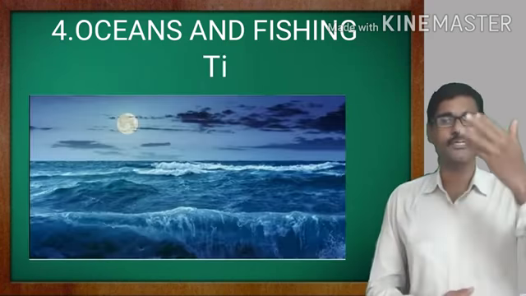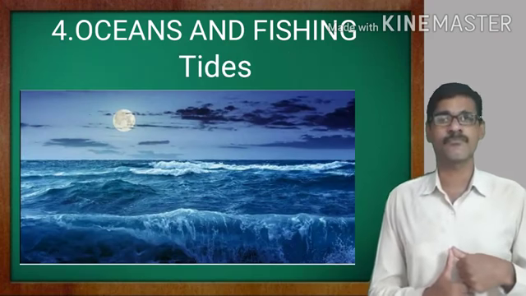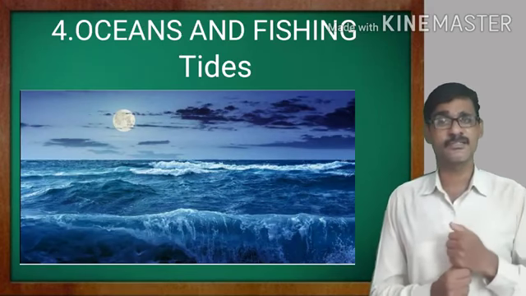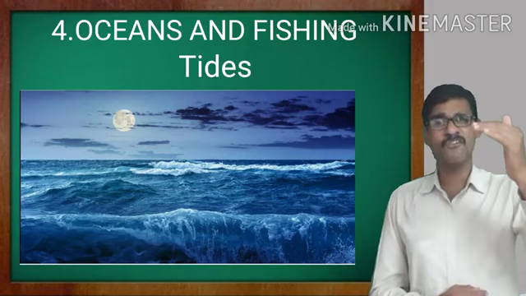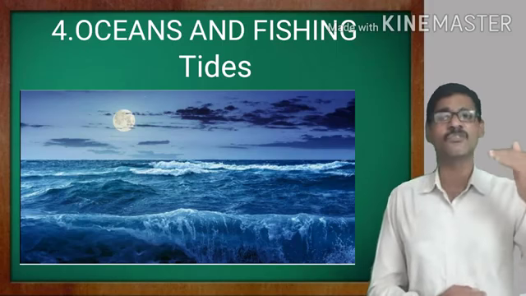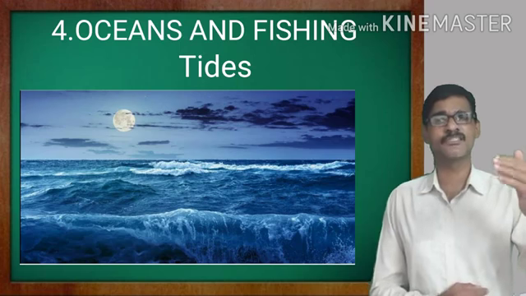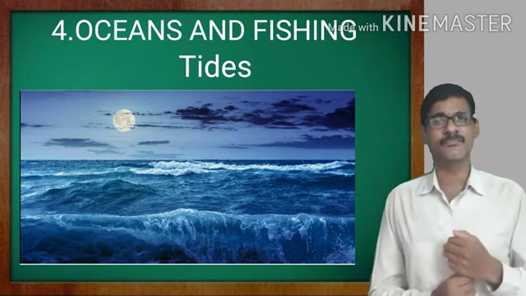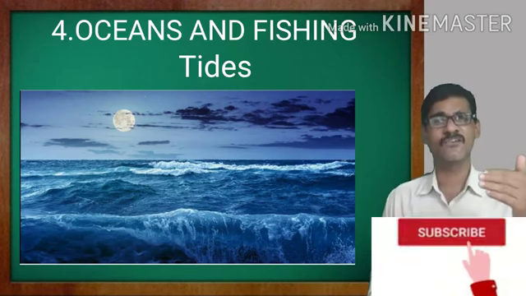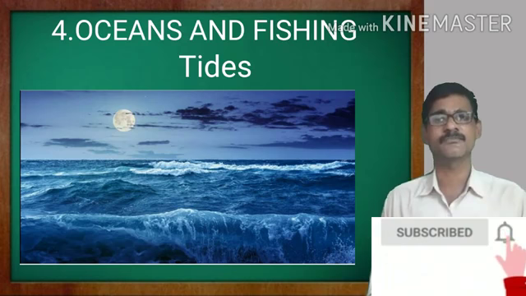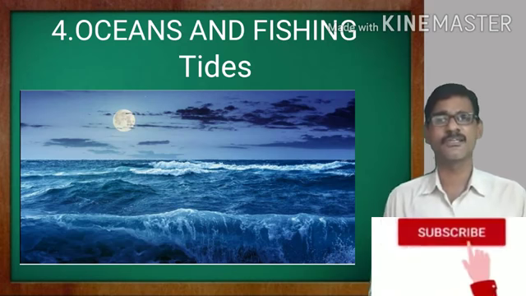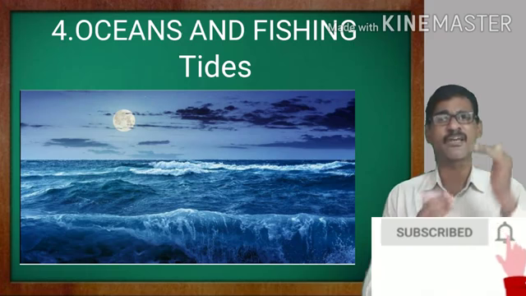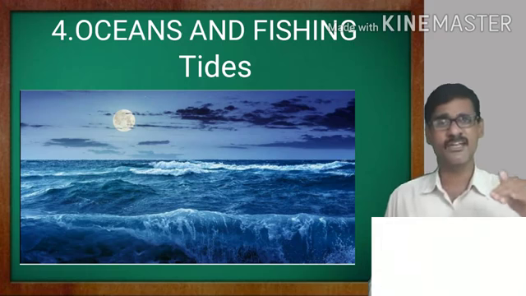Next we go to the tides. What are the tides? The rise and fall of the water level of oceans is called tide. Every day there is a rise and fall of the water level of the ocean. Of course, it is not the same rise and fall every day.